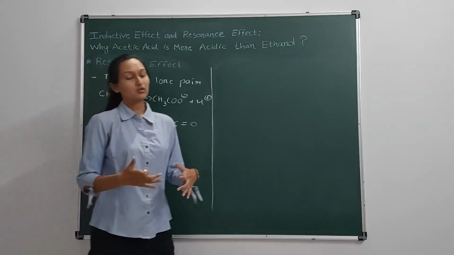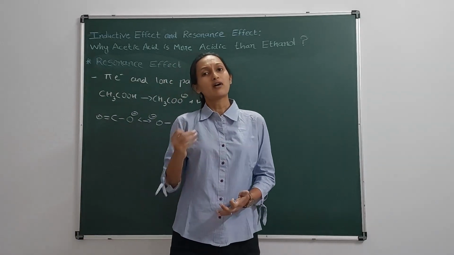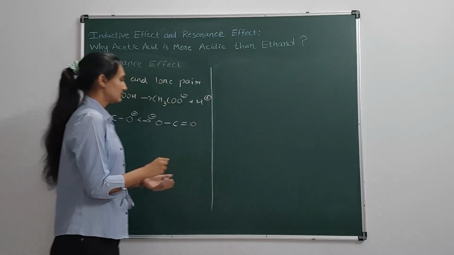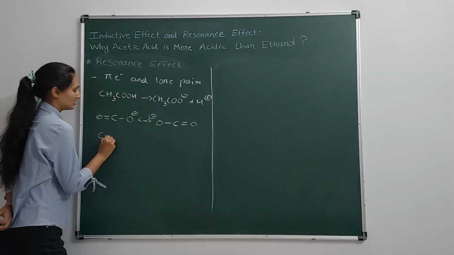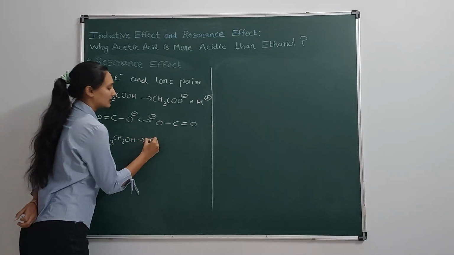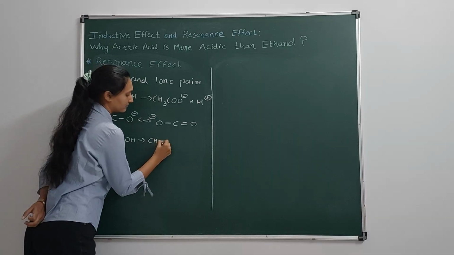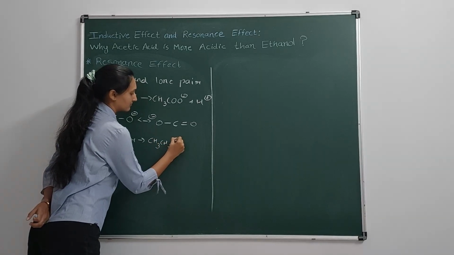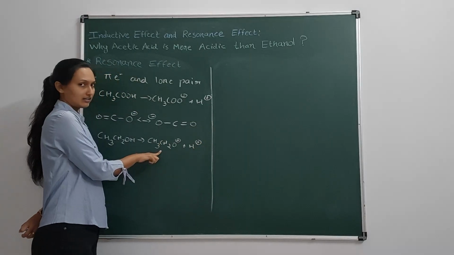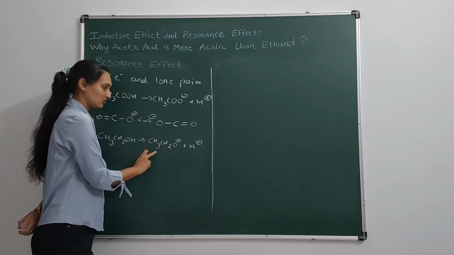Now let's come to our original question, why acetic acid is more acidic than ethanol. In the ethanol case, when ethanol releases H+, ethoxide ion is formed. This ethoxide ion is not stabilized by resonance.